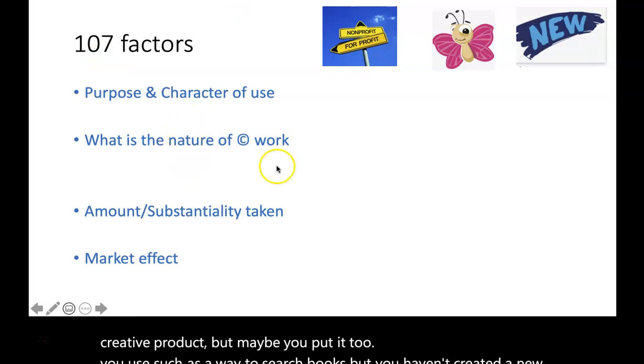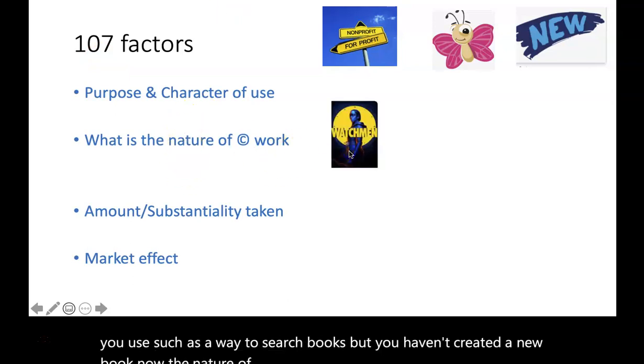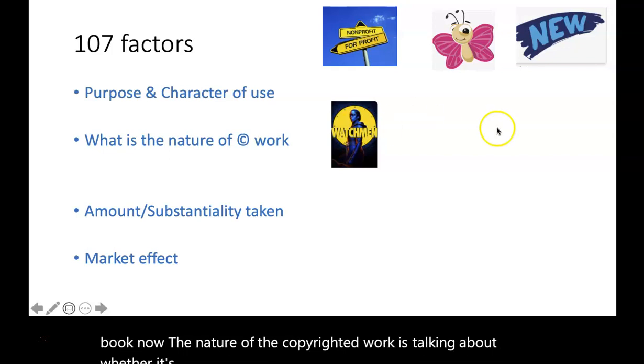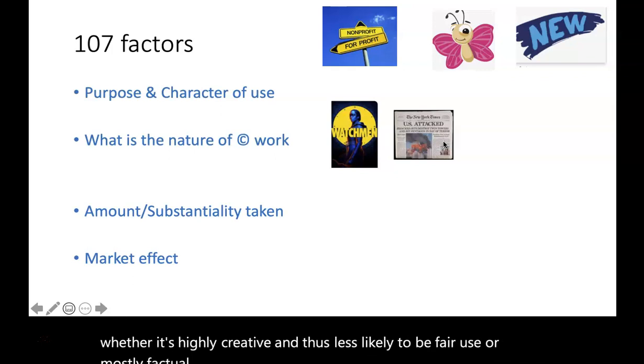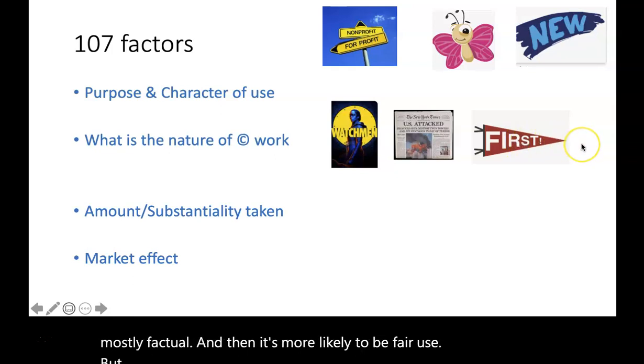Now, the nature of the copyrighted work is talking about whether it's highly creative and thus less likely to be fair use, or mostly factual, and then it's more likely to be fair use. But there's also an issue of first publication.